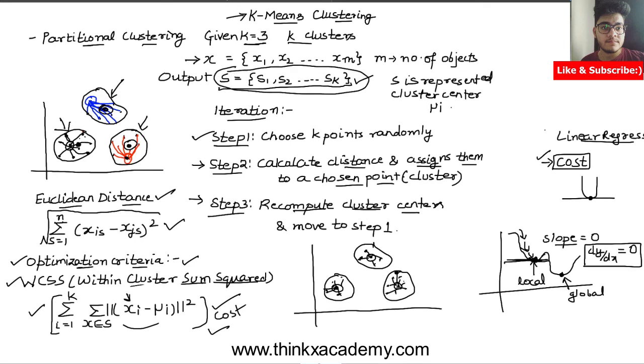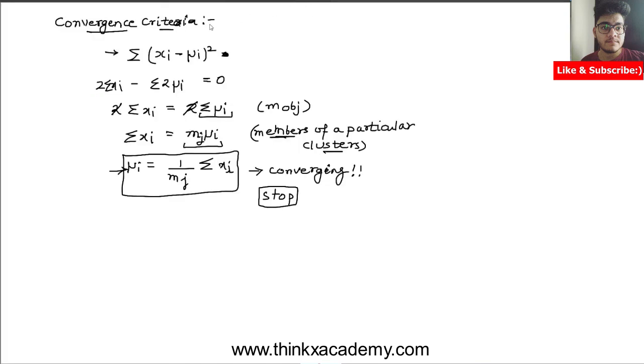And the optimum criteria, the convergence criteria, what it does is we will just differentiate it. At this step we are just differentiating it. This is the optimization criteria, which is the sum squared within cluster, right? I'm just going to write here sum squared.